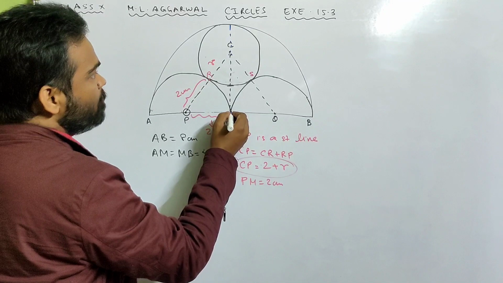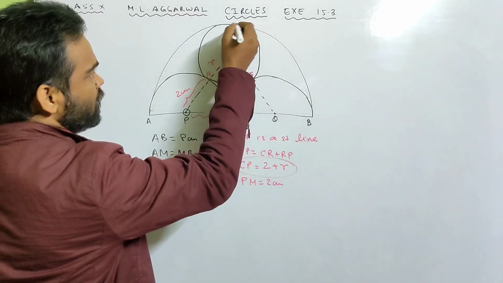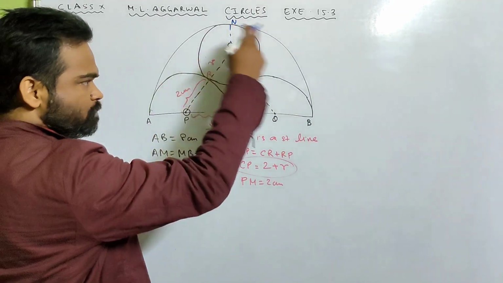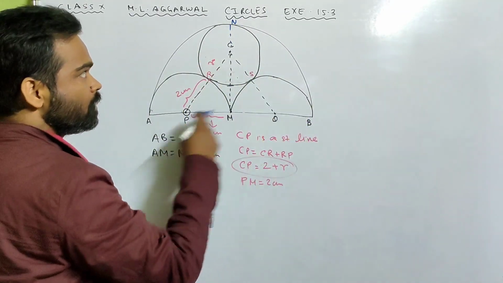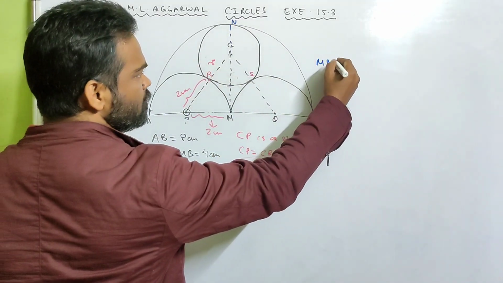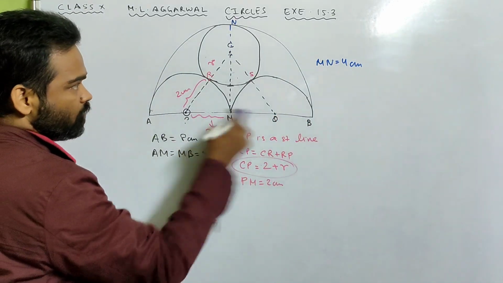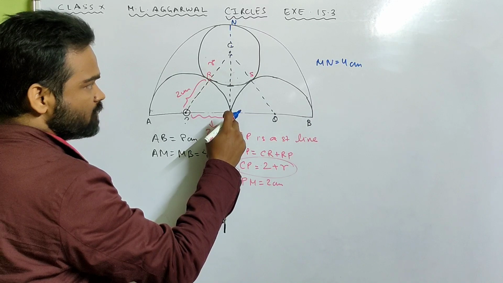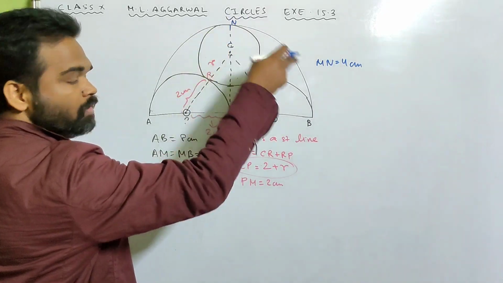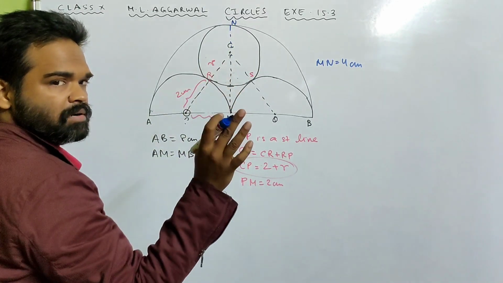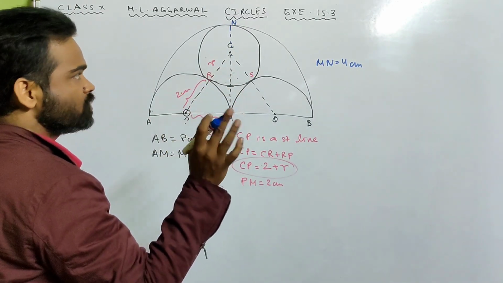Now look carefully. What I'll do, just pay attention. If I proceed this line, MN is the radius for this biggest semicircle. So MN is 4 centimeter. Try to understand. For the biggest semicircle, M is the center, N is a point on the circumference. So MN is the radius, which is 4 centimeter.